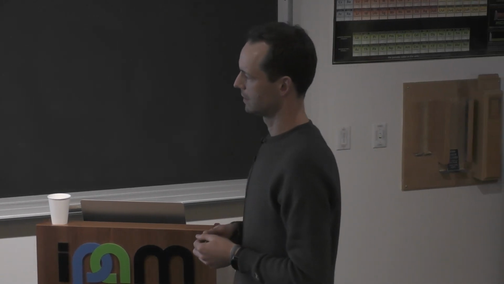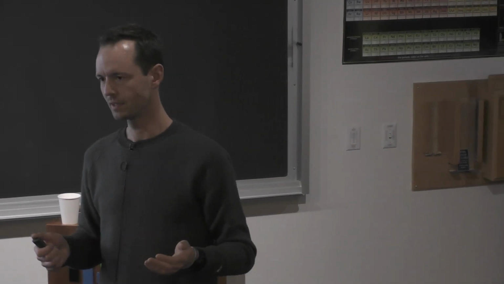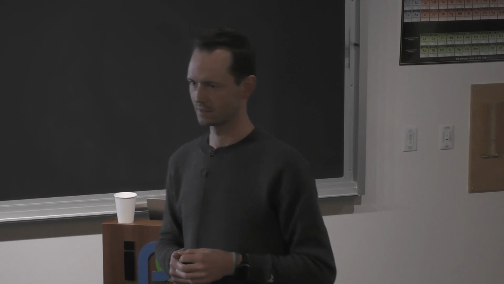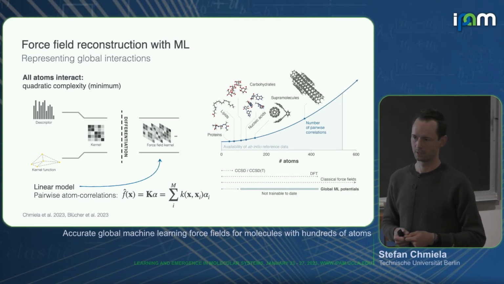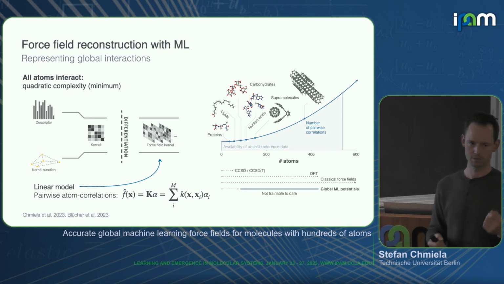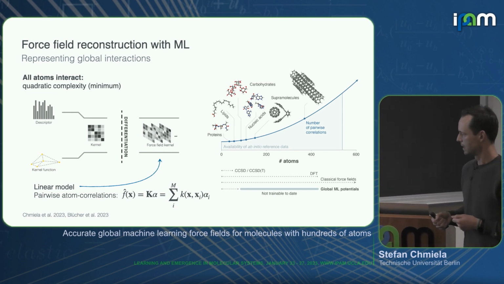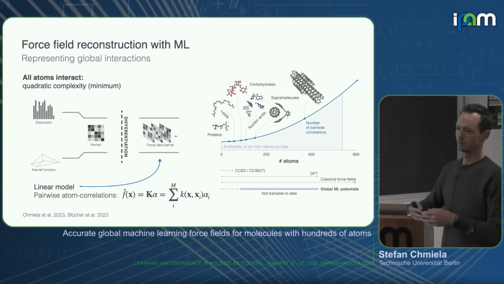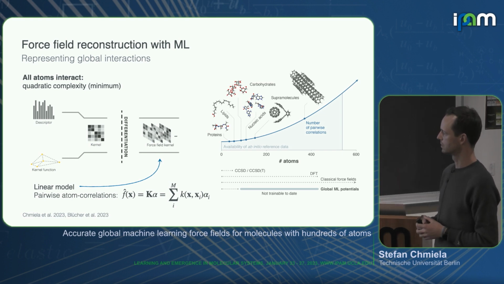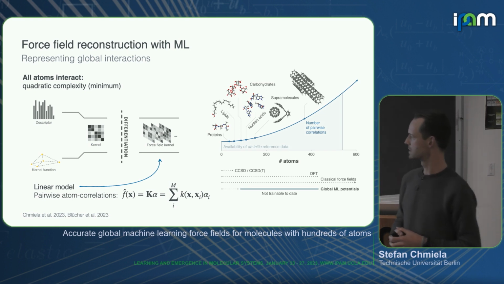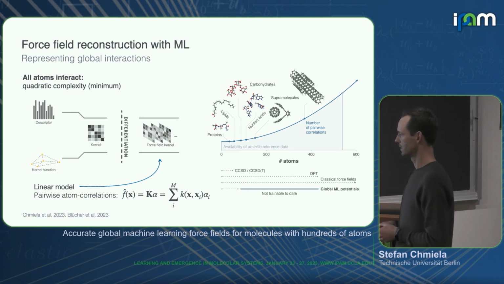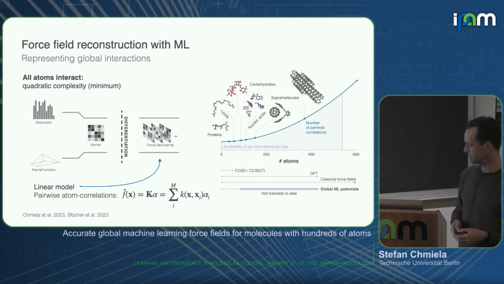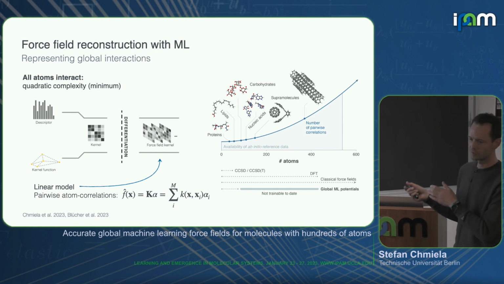Now, obviously, an important ingredient to global force field modeling is the data itself. If we have a model that localizes, we can often get away with fragments, as Alex, for example, showed in one of his examples. But for a global model, we also need global data points, right? So we need to generate reference data sets for the whole system. One thing that was kind of surprising to me was that this is not really the bottleneck.